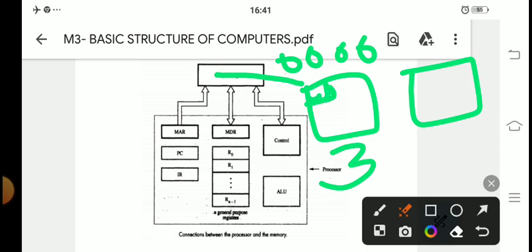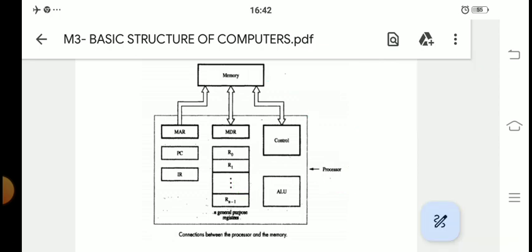It will go to this memory location and fetch its contents. What is there in 0000? It is 3. So the number 3 will be loaded to the MDR, memory data register. This MDR will be loaded with 3. So we got the contents in memory to the processor. I think all have understood this concept.